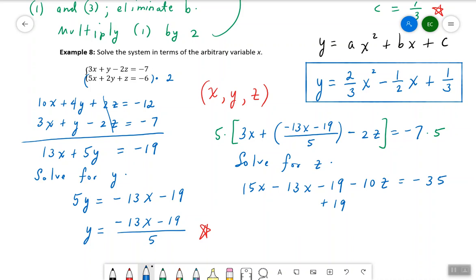Remember, solving for z. So let's have the 19 go to the other side, and let's put the x's together. 15x minus 13x is 2x minus 10z is equal to negative 16.